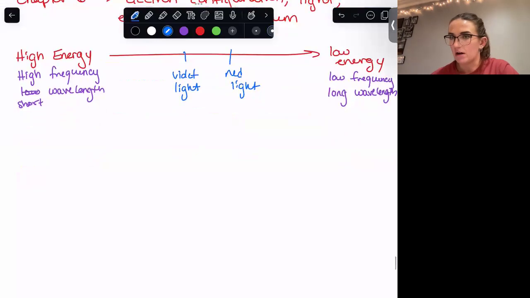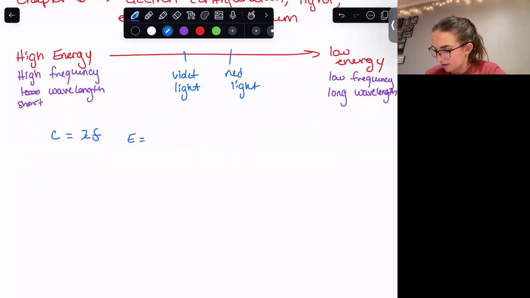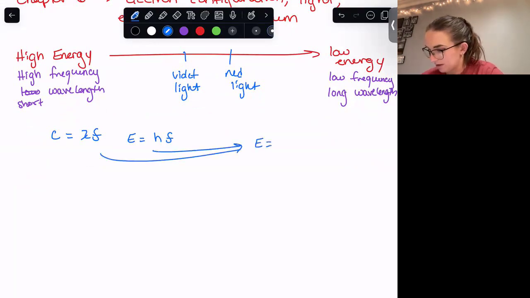When we talk about the electromagnetic spectrum, the speed of light is equal to the wavelength times the frequency. Energy is equal to Planck's constant, which would be given to you, times the frequency. We can combine these and say energy is equal to hc over lambda.